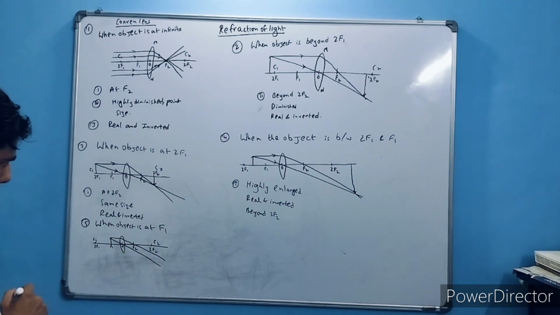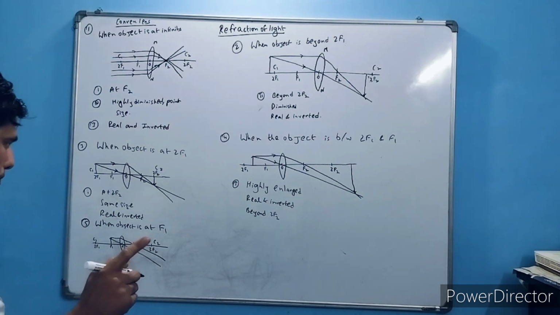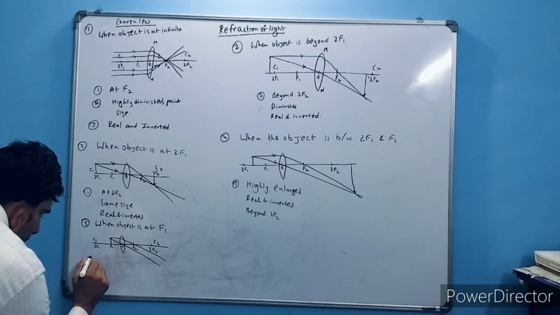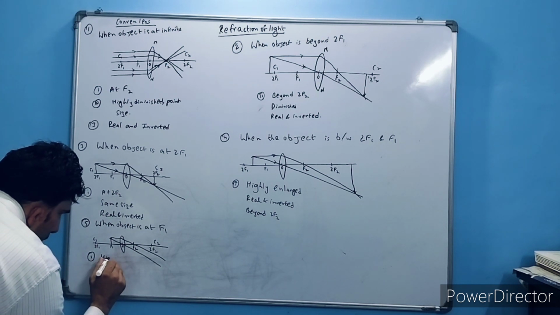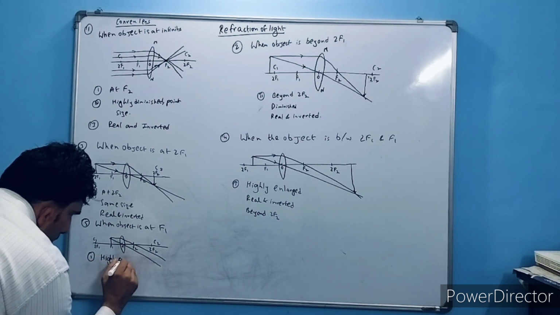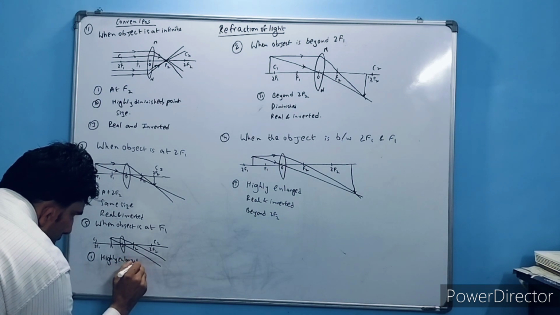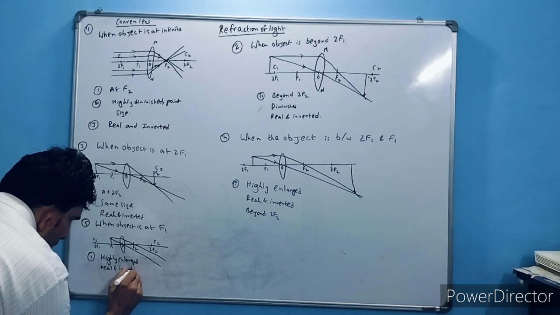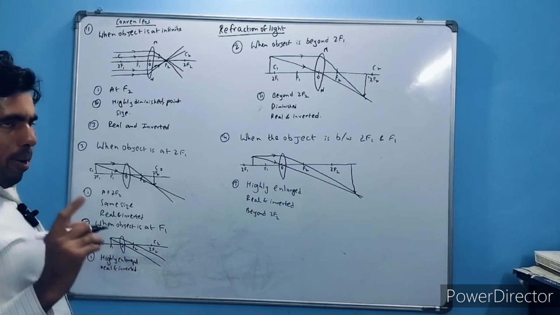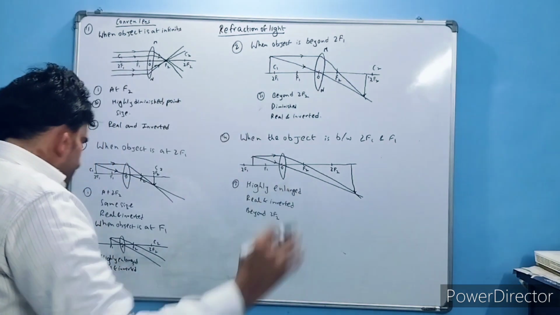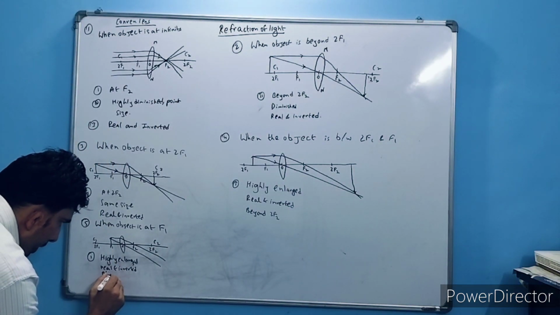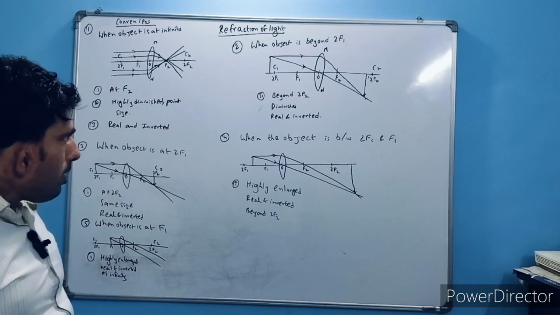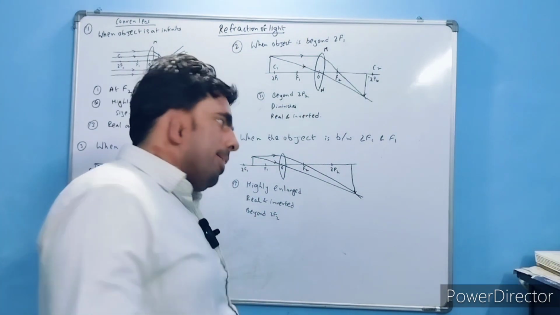We can see when the object is at F1, the image will be highly enlarged, real and inverted, and the image will form at infinity. Okay, so we have discussed 5 cases now.